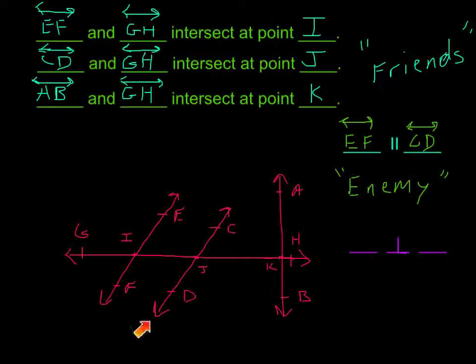Now if you notice right here, we have line CD and line EF. They will never touch. Even though they're intersecting other lines, these two lines, if you kept going, would never actually cross each other, and they're about the same distance apart. And because they are parallel, we use our parallel sign over here, which is two parallel lines, which is basically just two L's or two I's, depending on the font you're using, in between.